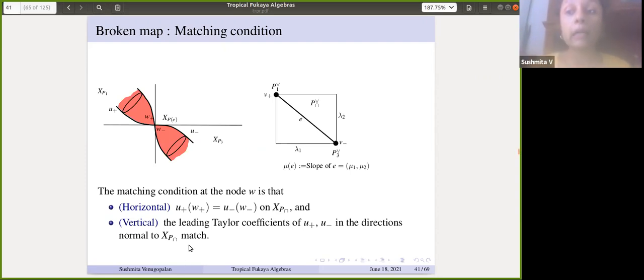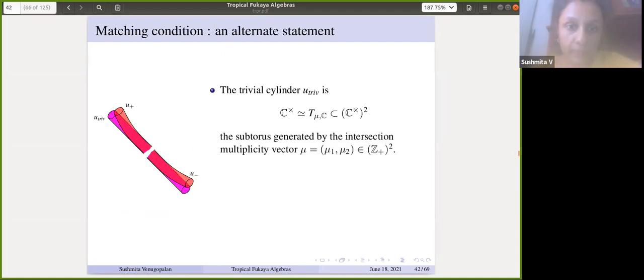But remember that earlier, above the node, we just had a C-star bundle, but now it could be a torus bundle. So there are many directions at the corner. The node is hitting a corner, as you can see in the picture. So there is an additional vertical condition which says that the leading Taylor coefficients of U plus and U minus in the directions normal to the corner match up. I'll state this in a different way in the next slide.